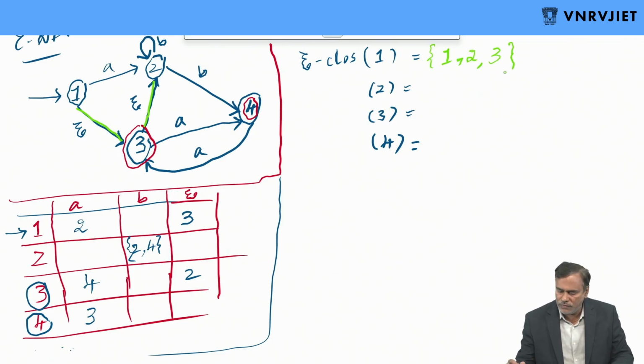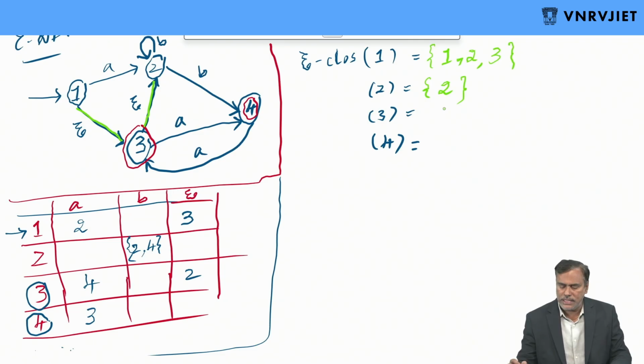In a similar fashion you have to find the epsilon closure of other states. Can you tell me what is the epsilon closure of 2? As per the rule, first 2 is added, and from 2, if any other states can be reached only on epsilon, those states must be added. But from 2 you don't have outgoing transitions labeled with epsilon. Therefore epsilon closure of 2 is 2 itself.